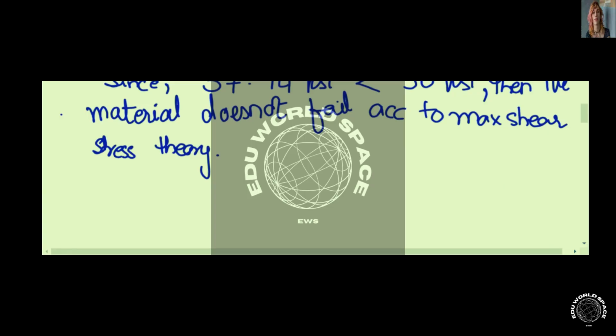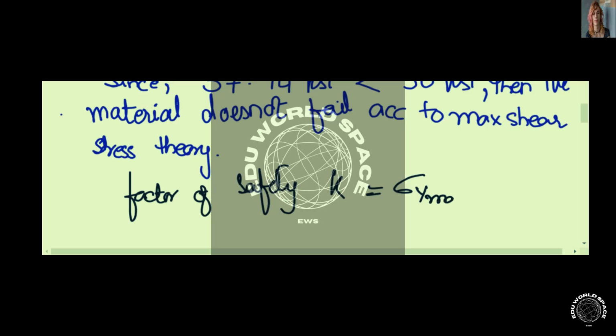Now the factor of safety, let's call it K. It's the ratio of the maximum yield stress the material can endure to the one enduring it. It means sigma sub y of the material divided by sigma sub y.